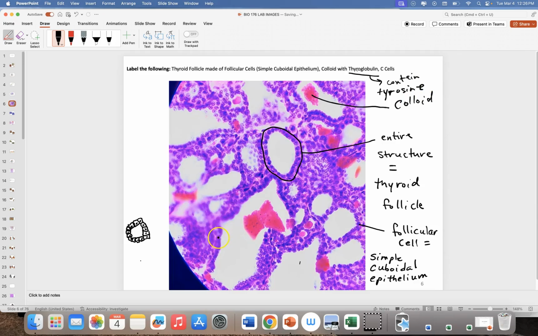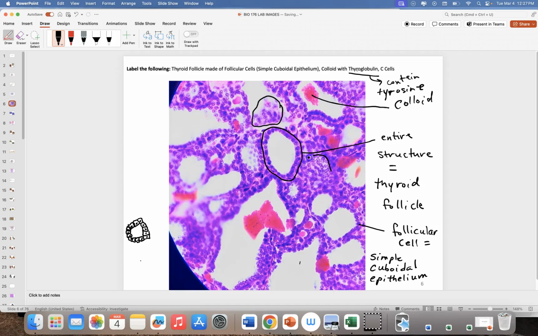Now, we also have cells that are found outside of the thyroid follicles. They're called C cells, or sometimes they're known as parafollicular cells. Again, these are cells that don't belong to a follicle. We can see a clump of cells here that doesn't belong to a thyroid follicle.